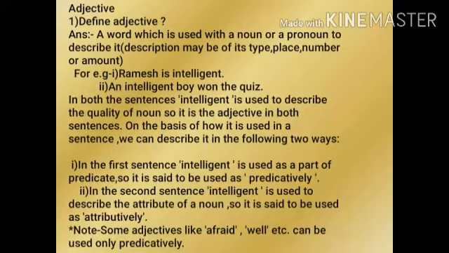So, intelligent is the part of the predicate. So, it is said to be used as predicatively. Number 2, in the second sentence, intelligent is used to describe the attribute of a noun. So, it is said to be used as attributively.